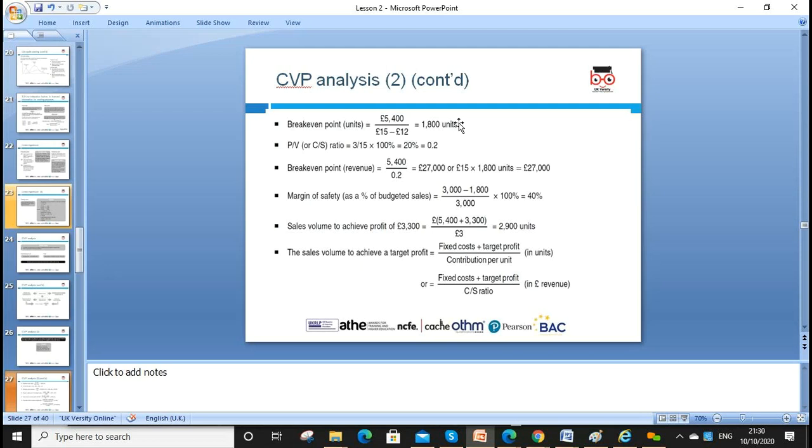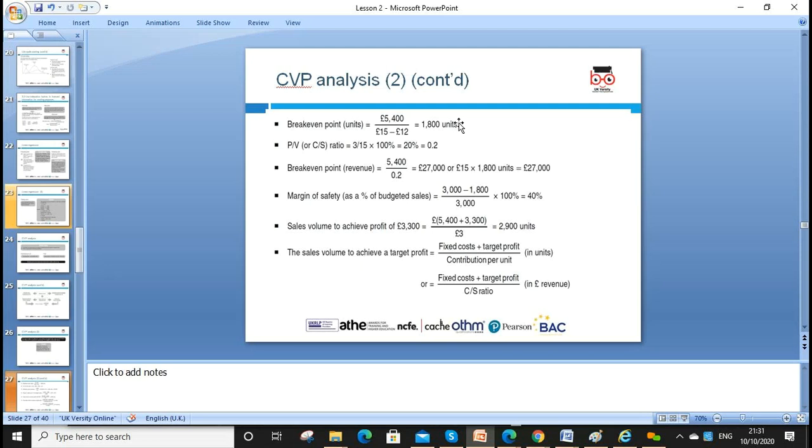Or the break even in units times the selling price, you can find what the revenue will be at break even. Margin of safety: your budgeted sale, which we estimate at 3000, minus the break even sale of 1800, divided by the budgeted sale, so we can find the margin of safety. You're selling 1200 units more than the break even, so 40% is our margin of safety.